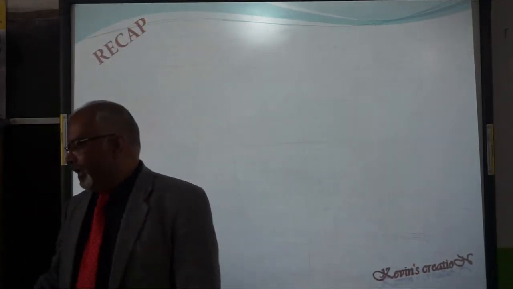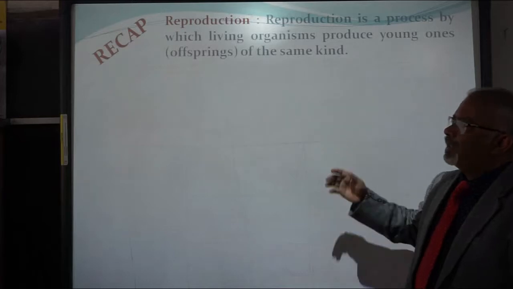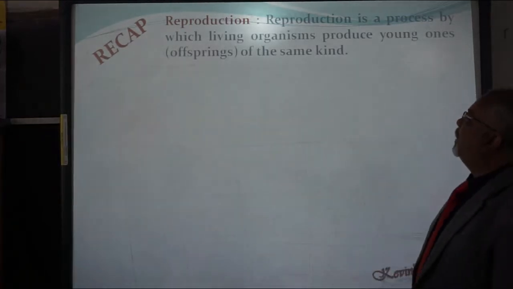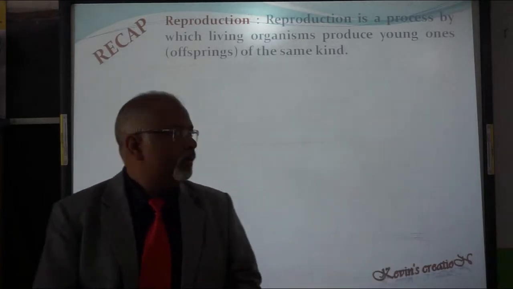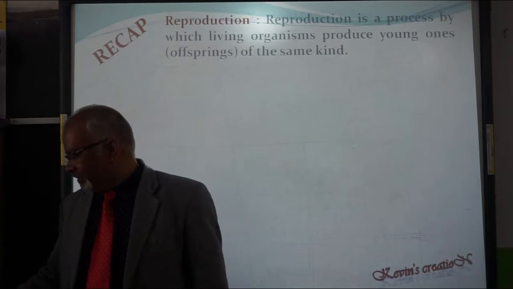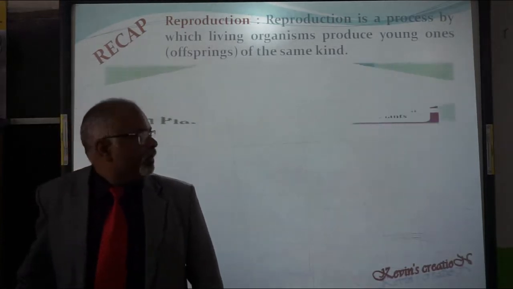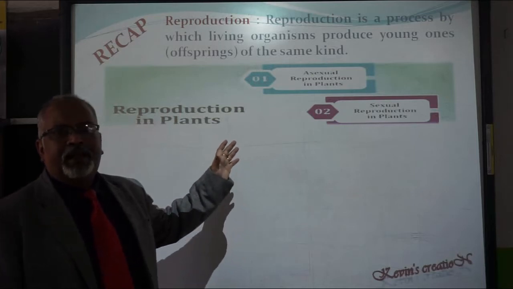So let us recap what we did in the previous class. First was reproduction. Reproduction is a process by which living organisms produce young ones of the same or similar kind. In living things, animals are there and plants are there.